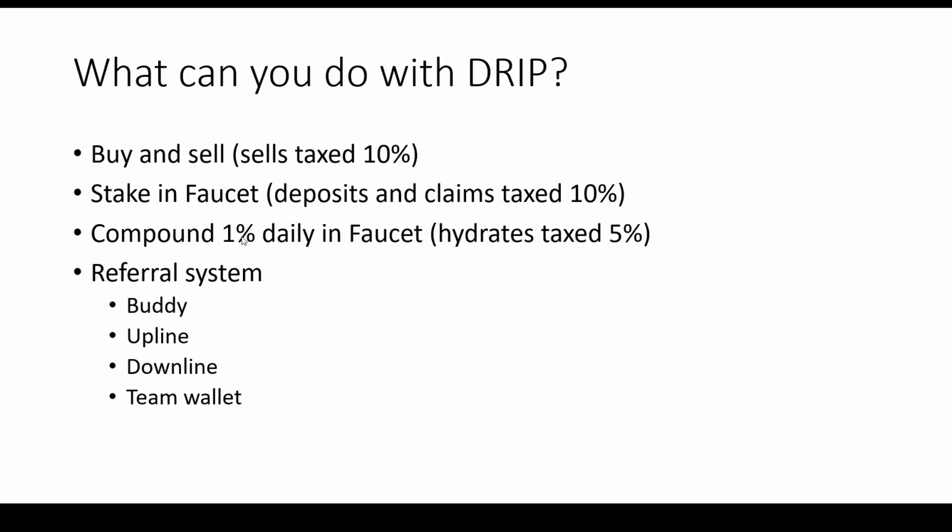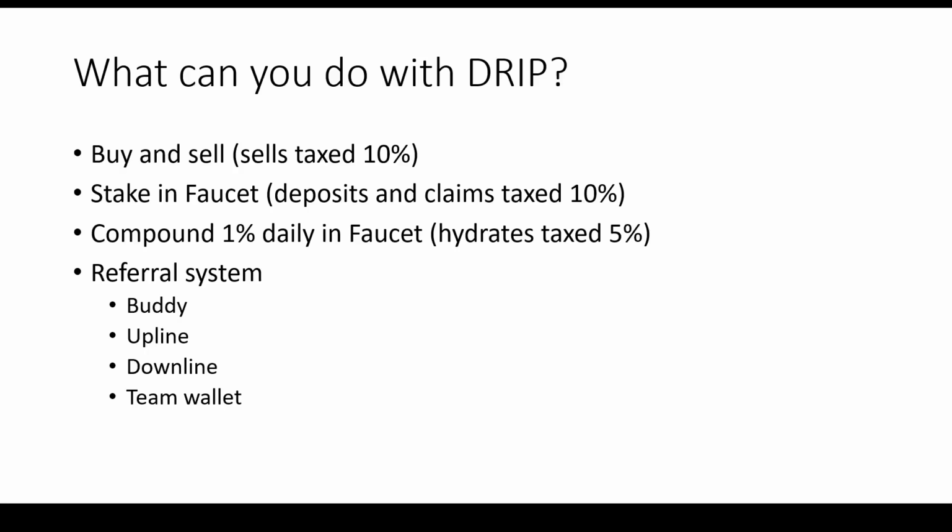And when you have your available tokens and you decide to compound those tokens, we'll get into compounding, or hydrating, in more detail in just a minute or two. When you hydrate your Drip tokens, you're only going to pay a 5% tax on that transaction.